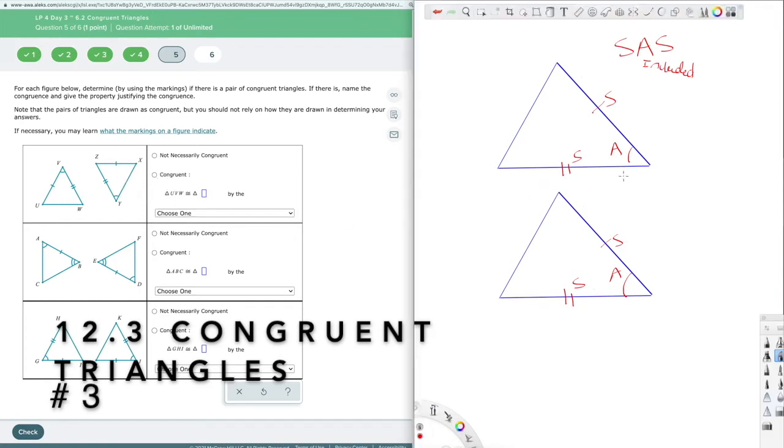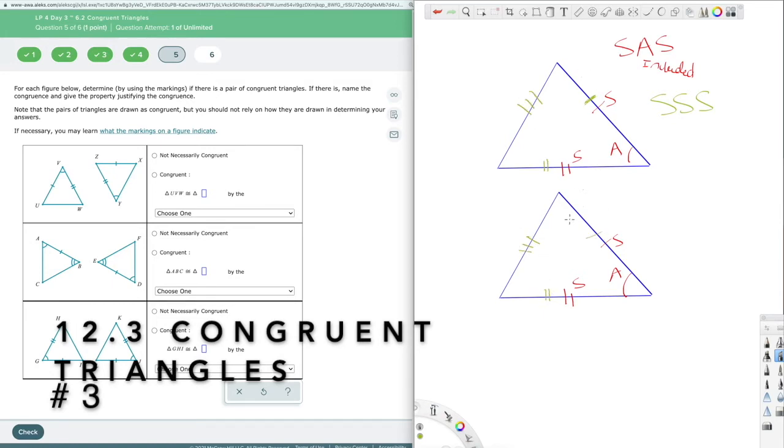The other piece we have, and I'll do this in different colors as we go, so I'll try green. We have side, side, side. So this sounds just like it hopefully sounds to you. I'm going to show that the sides are congruent. I know I'm doing a lot of tick marks here, so follow the colors also as you go.